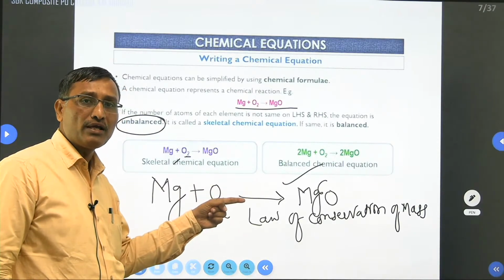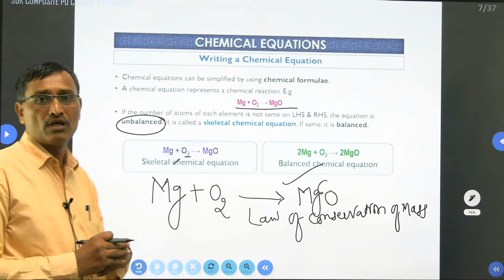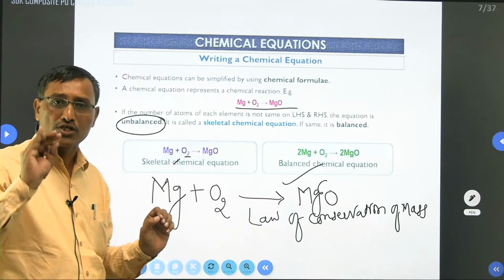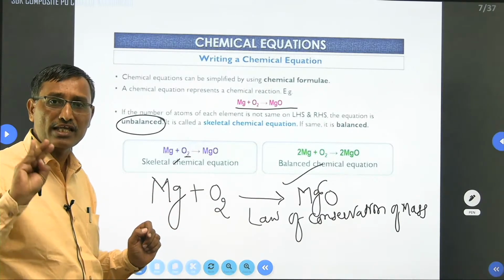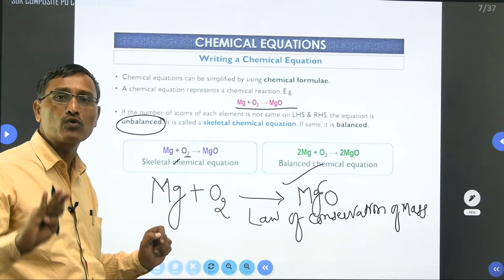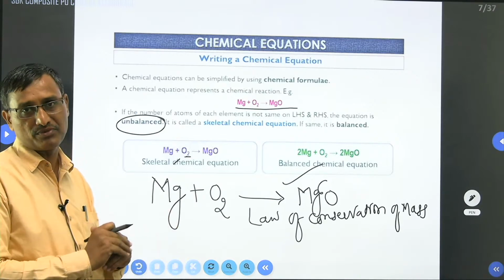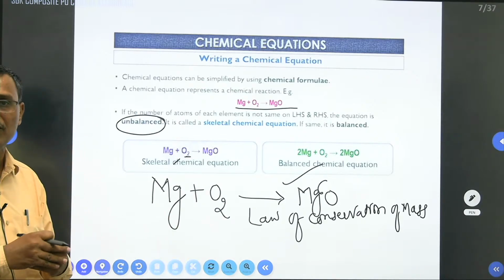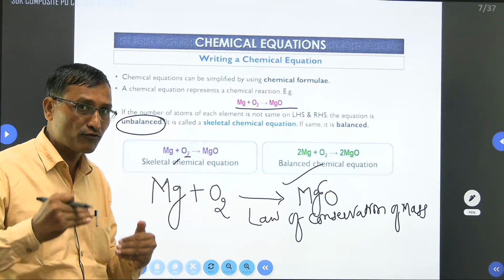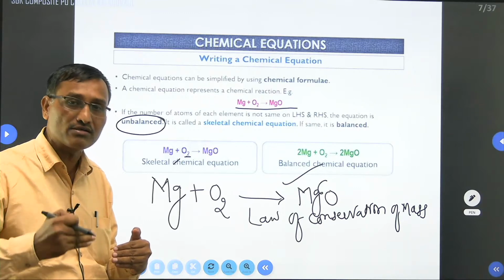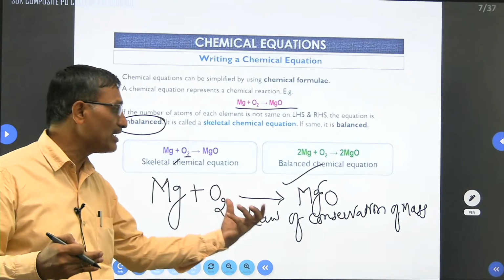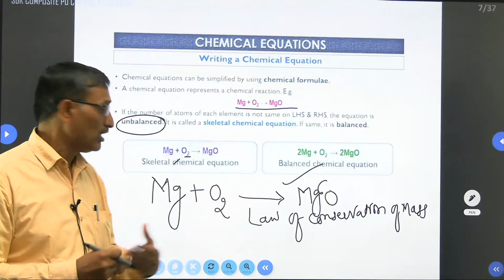This law was given by Antoine Lavoisier. According to the law of conservation of mass, during any physical or chemical process, the total mass of the reactants remains equal to the total mass of the products. Listen carefully: matter can neither be created nor destroyed in a chemical reaction.